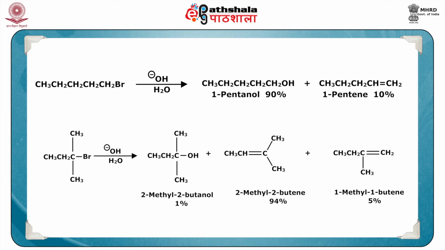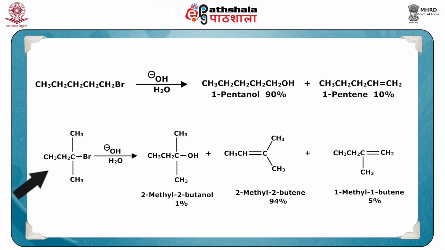But as you move from this initial primary, now let us take this tertiary halide. This tertiary halide, when it is reacted with the same aqueous OH minus, then the substituted product, which is 2-methyl-2-butanol, is only 1%, while there are 2 eliminated products, out of which 2-methyl-2-butene is major, which is 94%, and 1-methyl-1-butene is minor, which is 5%.